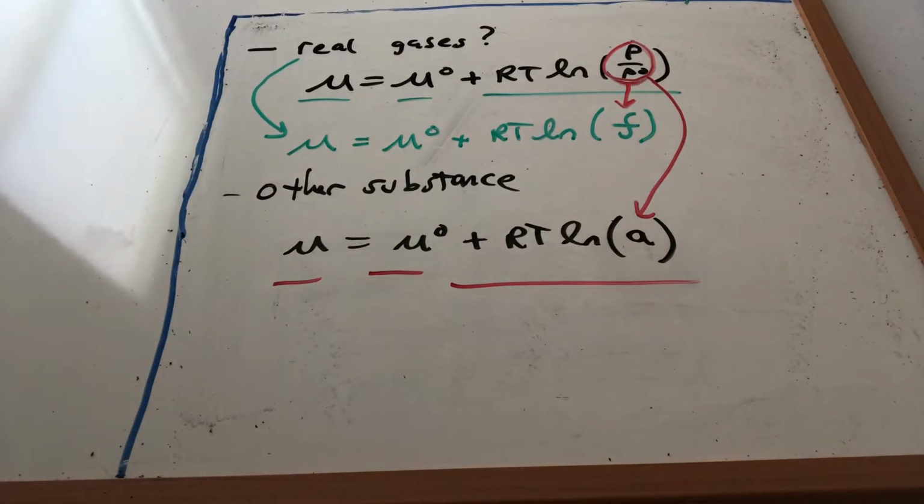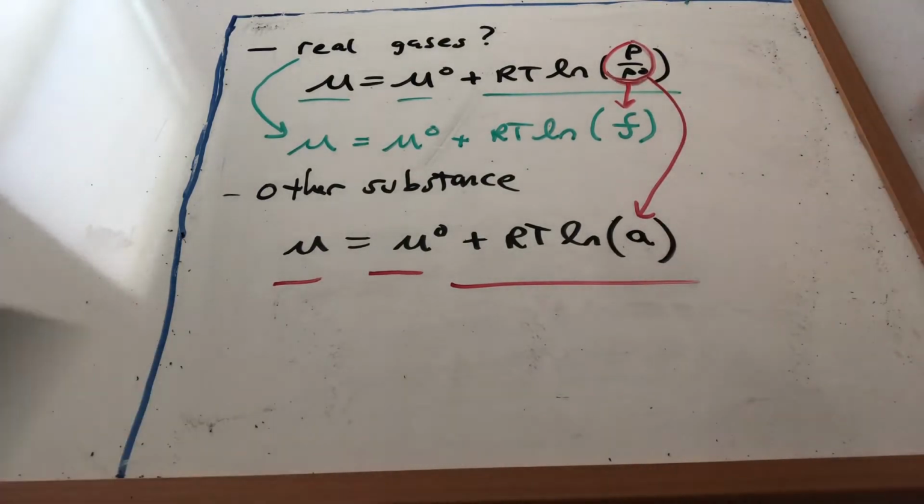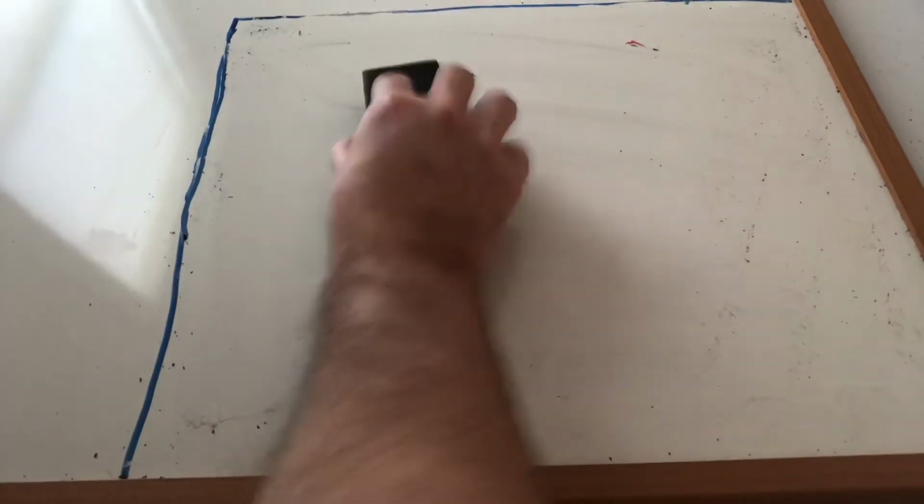You use fugacities for real gas behaviors, and you use activities for everything else. And that's the benefit of keeping that mathematical form.